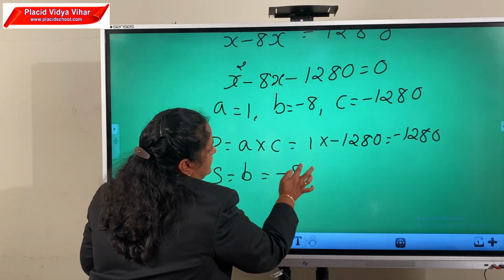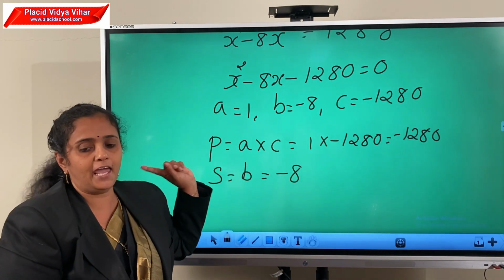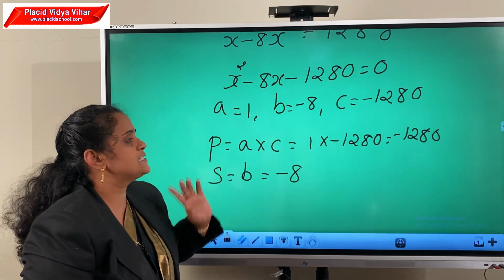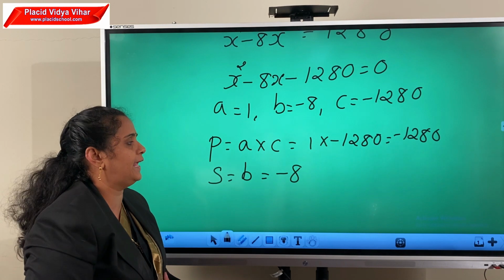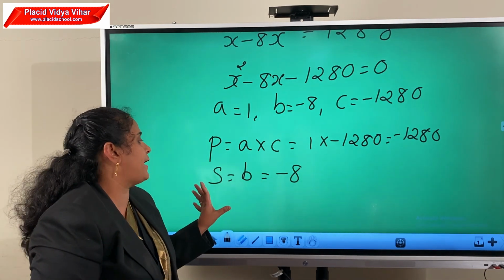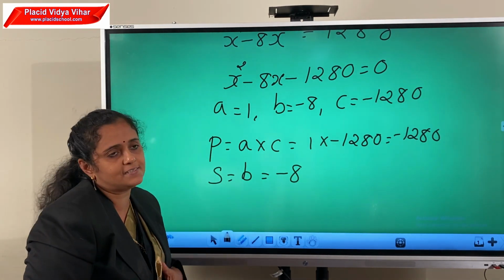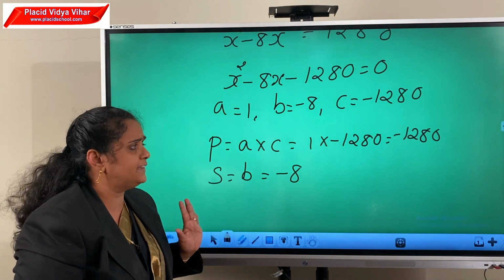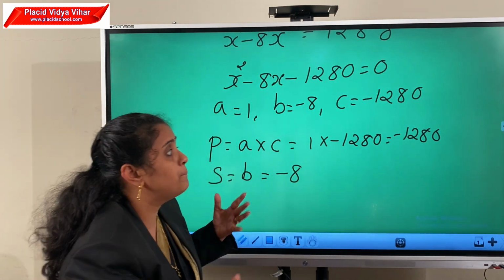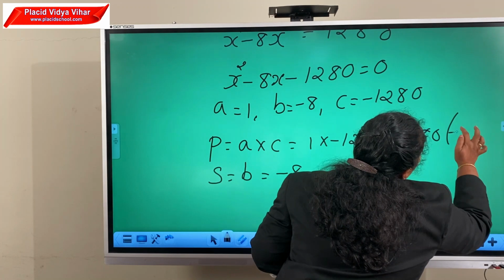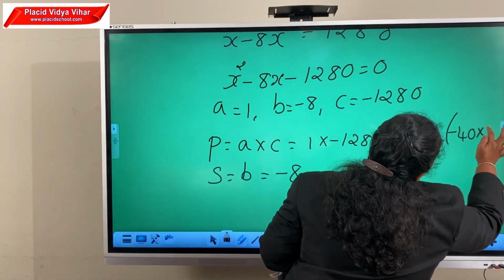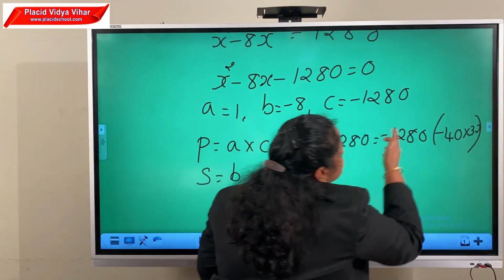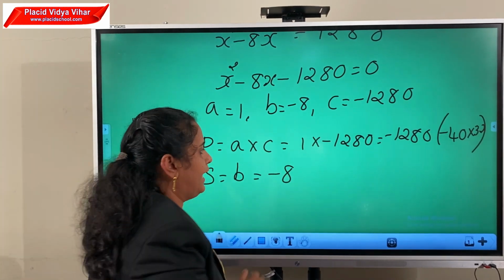B is minus 8. When we multiply the two numbers, the answer is minus 1280. When we add them, you will get the answer minus 8. Then you find the numbers. The numbers are minus 40 into 32. The answer is minus 1280.